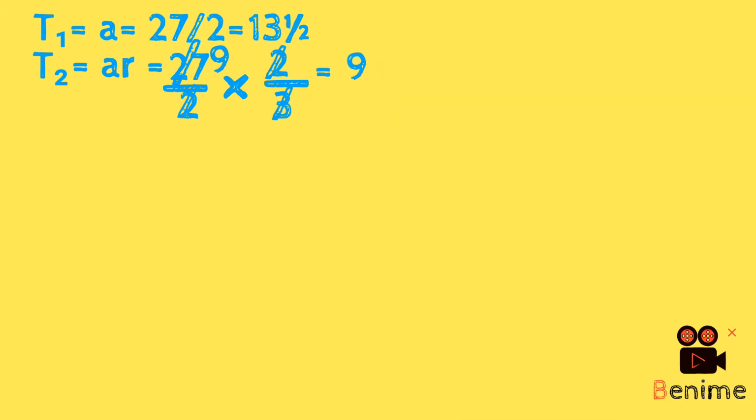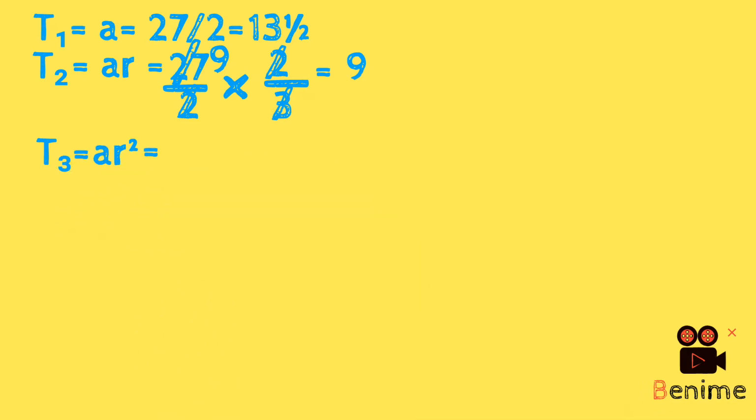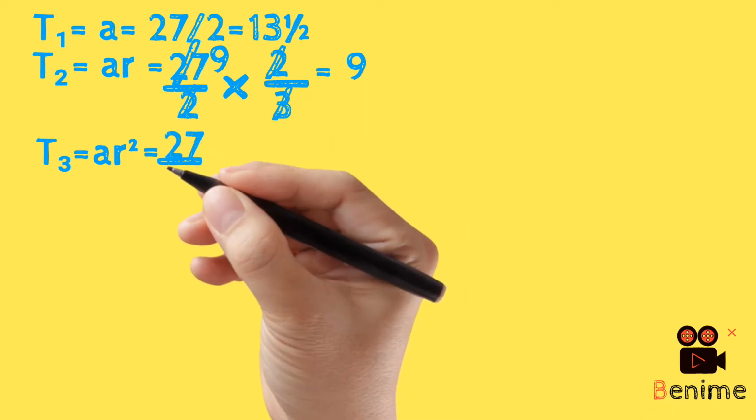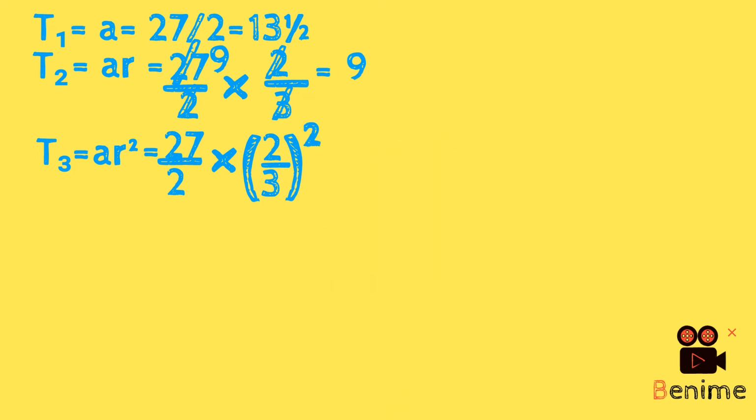I've gotten T2. Now T3. The formula for T3 will be AR raised to the power of 2 because you're reducing the 3 by 1 to get 2. So we know A is 27 over 2 times R is 2 over 3. So we have 27 over 2 times open bracket 2 over 3 close bracket raised to the power of 2. Like what we just did, you separate the powers to both terms.